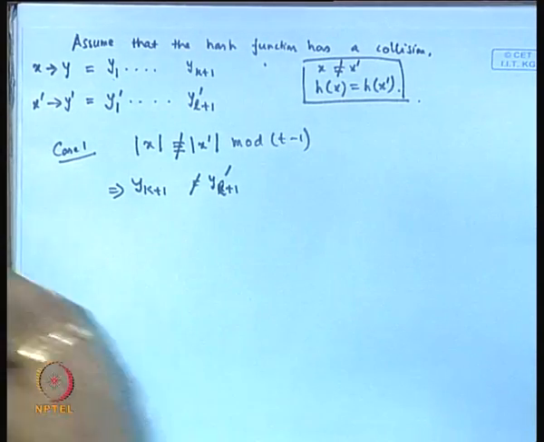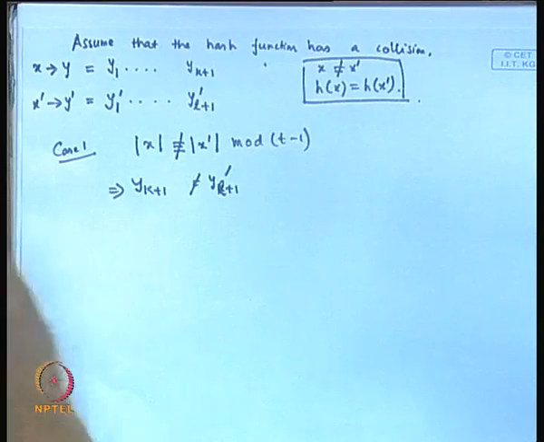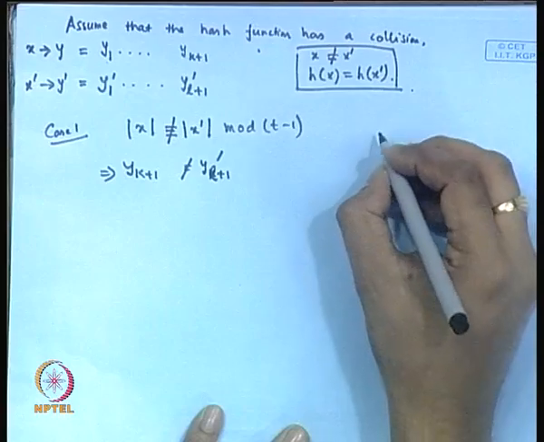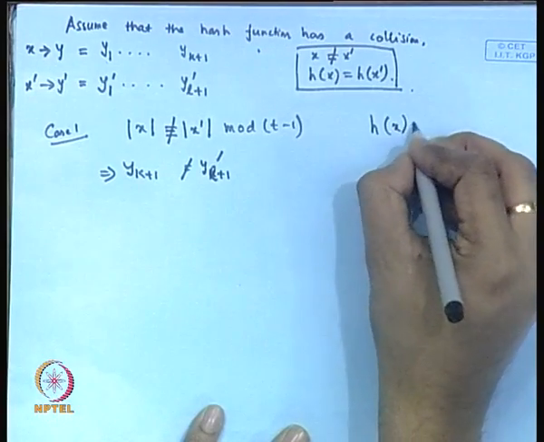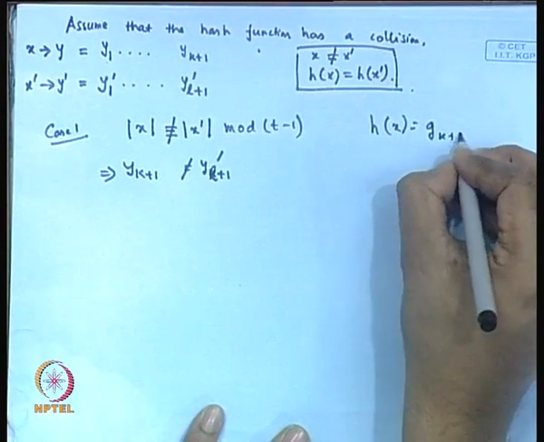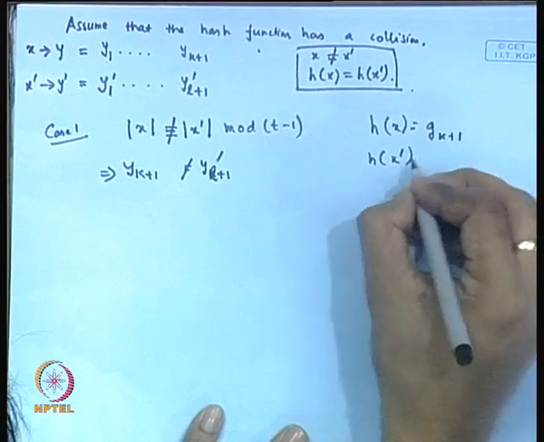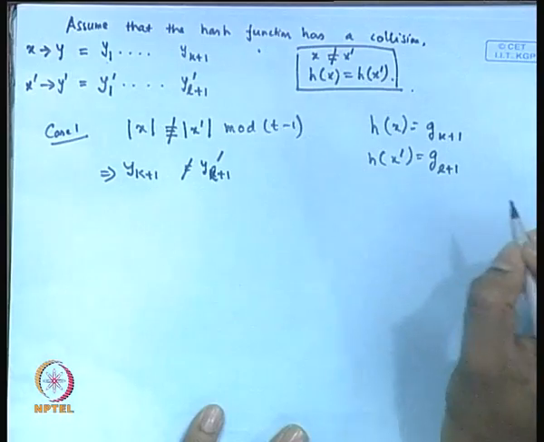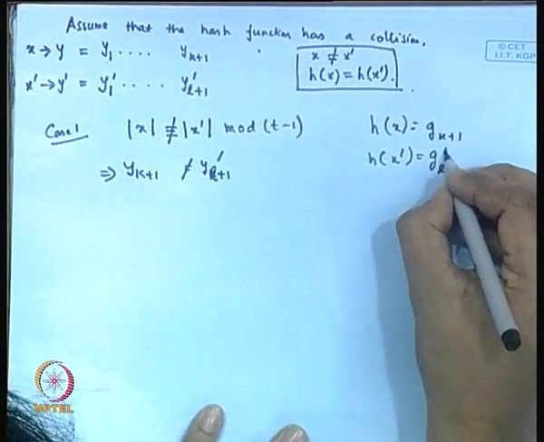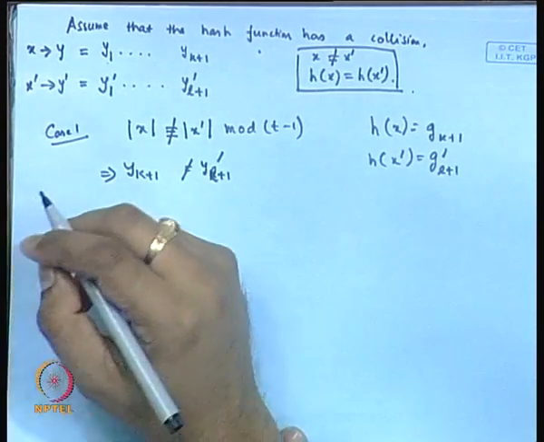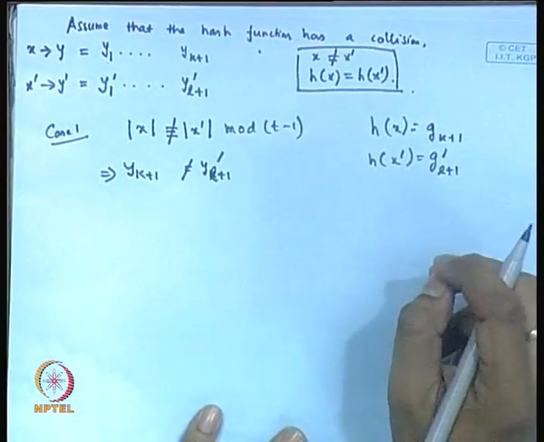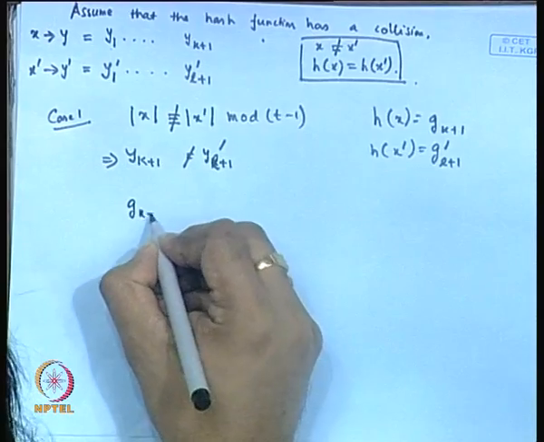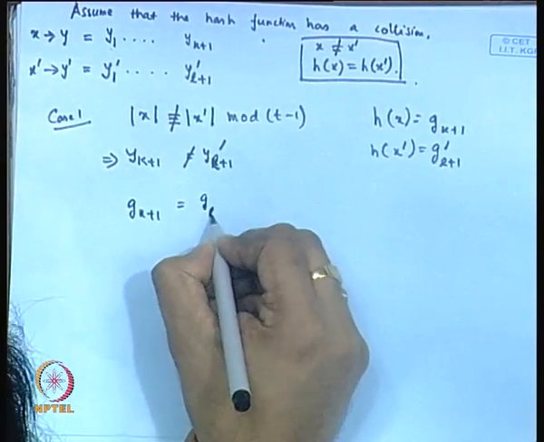Now consider the hash output. What was my corresponding hash value? Hx was equal to g of k plus 1 and hx dash was equal to g dash of l plus 1. If hx and hx dash are the same, then g of k plus 1 will be equal to g dash of l plus 1.